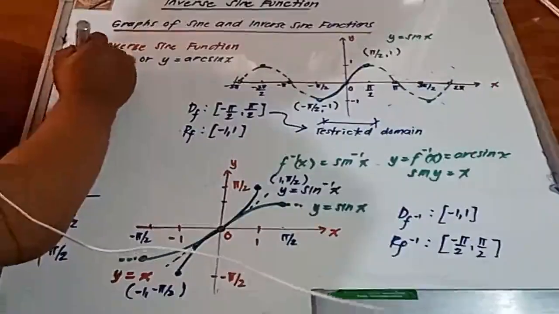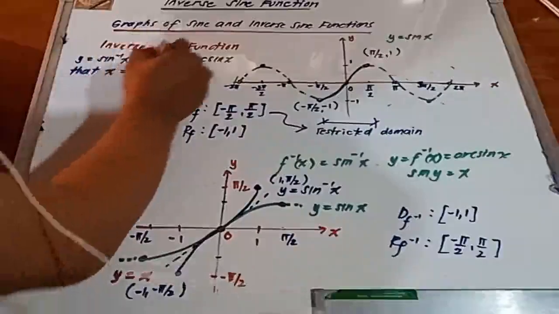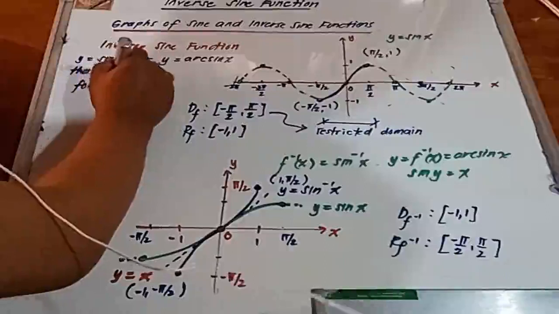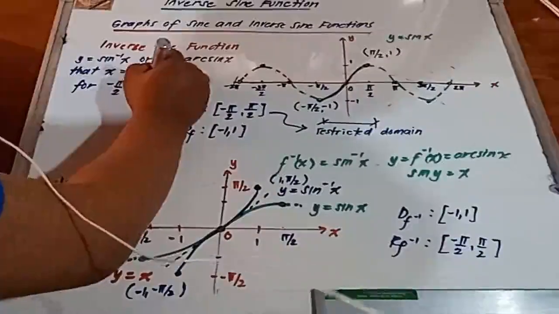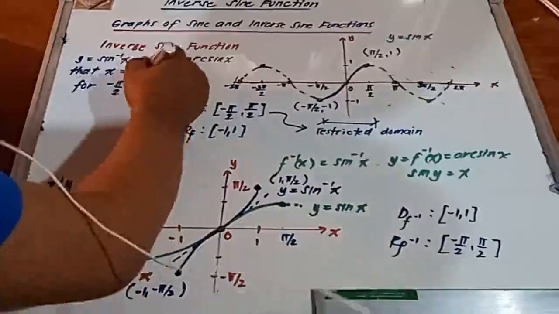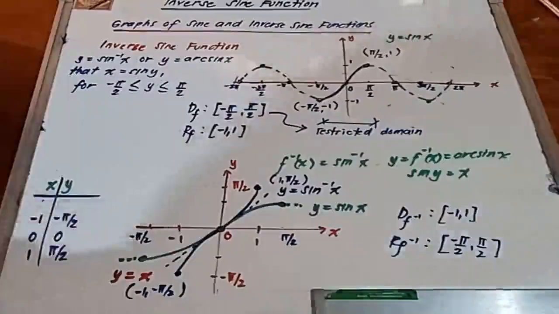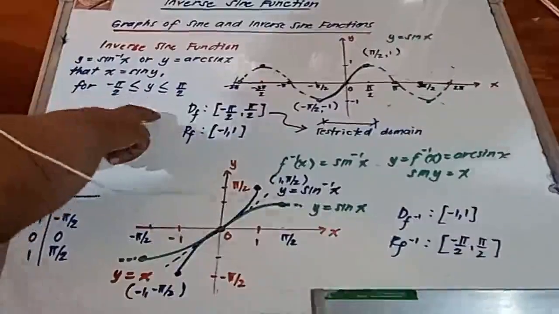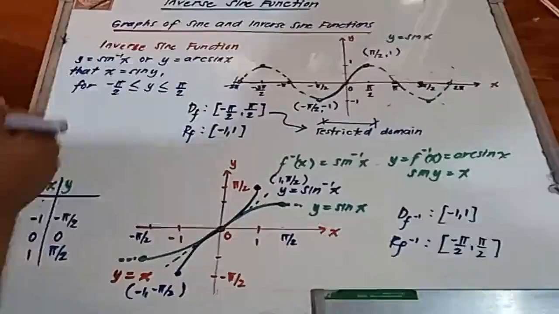That is, ito yung x equals sine y, for y values of negative pi over 2 less than or equal to y less than or equal to pi over 2. So, tandaan yan, ang range lang po ng ating y, the values of y is from negative pi over 2 to pi over 2 for inverse sine function.